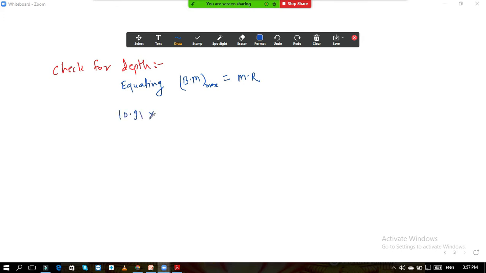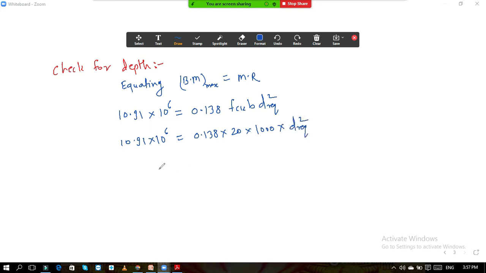So 10.91 into 10 to the power 6, which is equal to, now M20 and Fe415 is given. So moment of resistance for Fe415 is 0.138 FCK B D required square, or BD square. Here we can calculate the D required. Okay. So it is 10.91 into 10 to the power 6, which is equal to 0.138 into FCK 20 into B is 1000 into D required square. So D required is equal to.